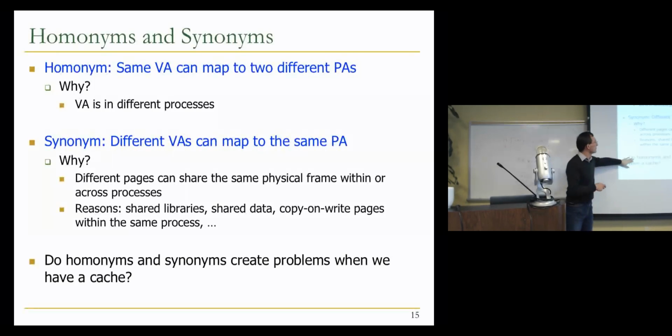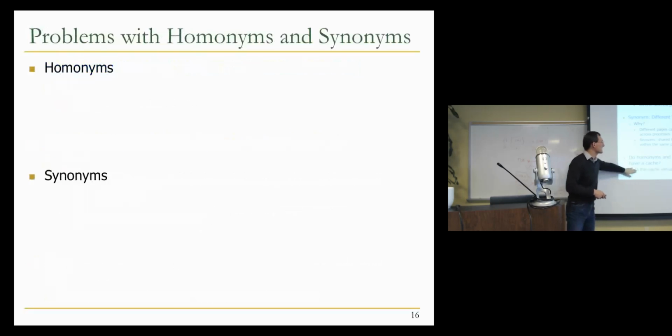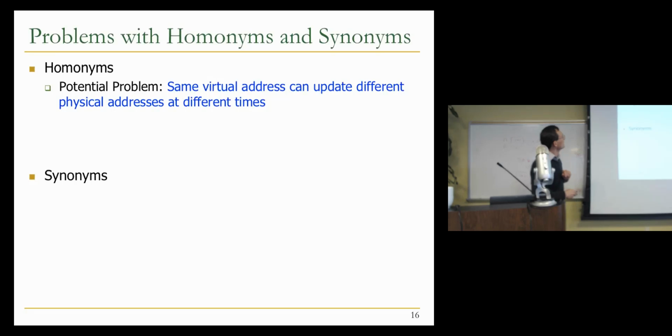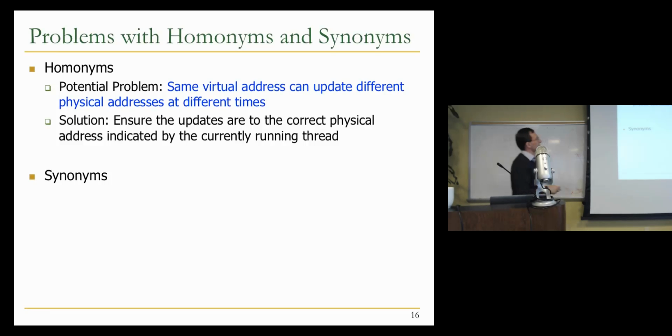The key question is, do homonyms and synonyms create problems when we have a cache? And this depends on whether the cache is virtually or physically addressed. So the homonym problem, the potential problem is the same virtual address can update different physical addresses at different times. Right? Because you have the same virtual address belonging to different processes mapping to different physical addresses. So the solution is easy because you just need to ensure the updates are to the correct physical address.